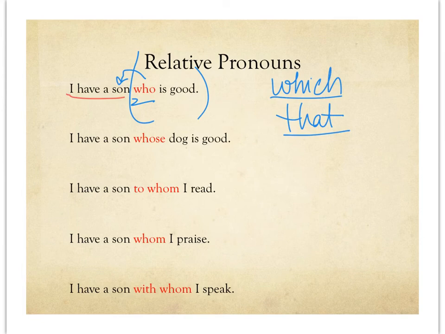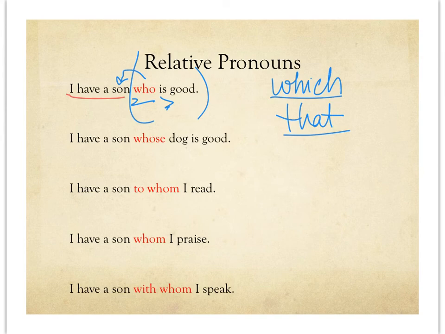But you can see that it is a separate clause in itself. It has its own subject, who, a verb, is, and an adjective, good. And while you can see that in this particular sentence the who is the subject, we can have relative pronouns that could be in what in Latin is any case.